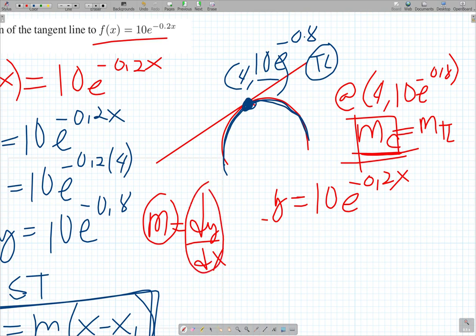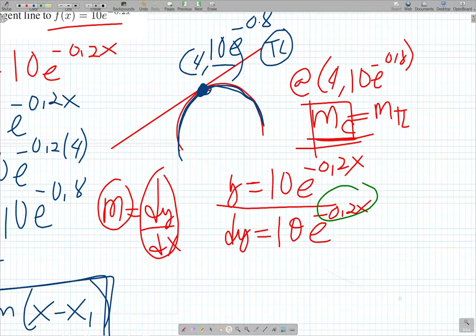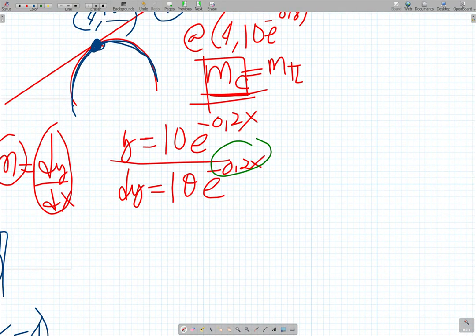So derive this equation using implicit both sides. Derivative of y is dy. Derivative of 10e to the power of negative 0.2x. Madali lang. Kopyahin lang ang 10. Then kopyahin ang whole e, yan, pati kanyang exponent. Then derive natin ang exponent ng e which is negative 0.2x.